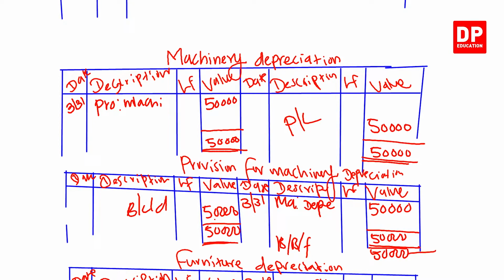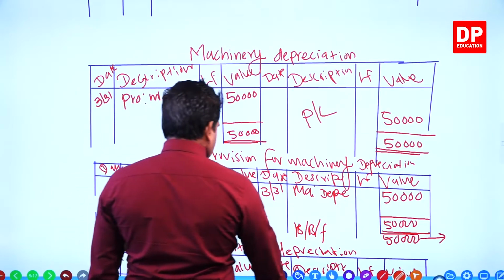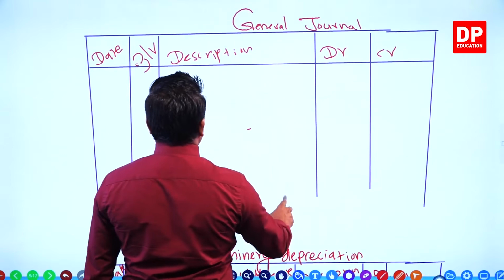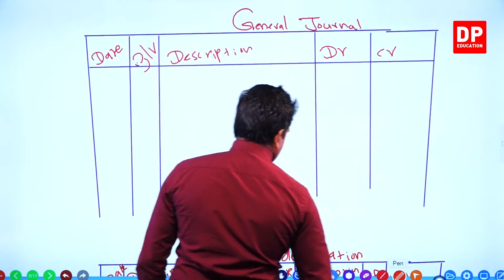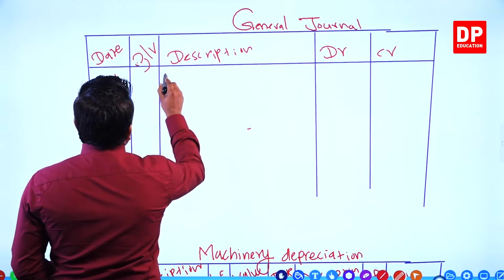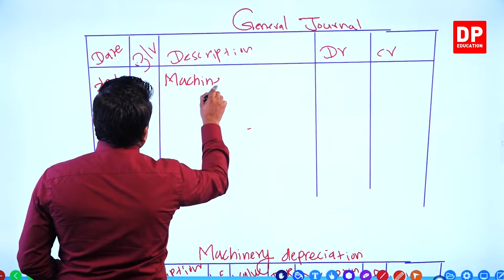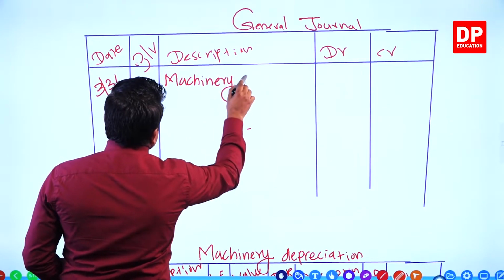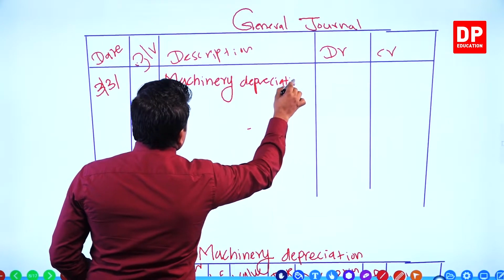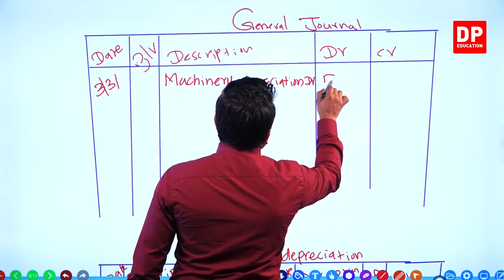Where you record this? Accumulated depreciation column, right? But before it goes, we can enter the details in the general journal also, then it's easy for us. On 31st, you write machinery depreciation account debit, machinery depreciation debit, how much? 50,000.